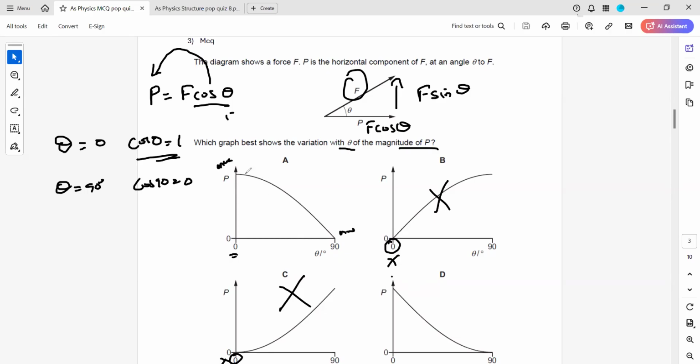D and A. Now, if you check the variation of cosine with angle, in the beginning there are small changes.